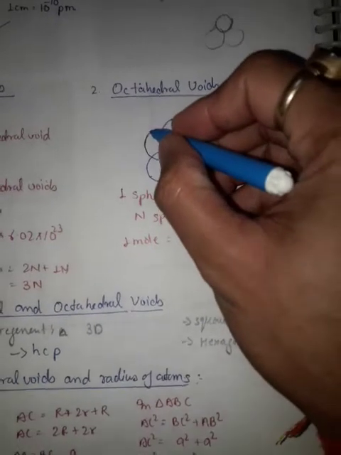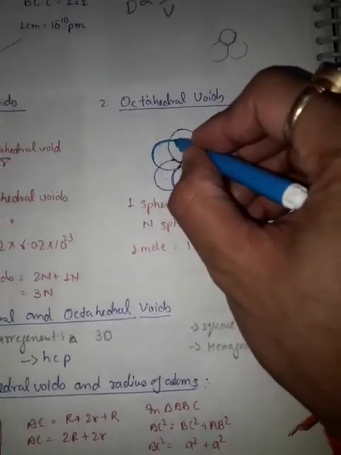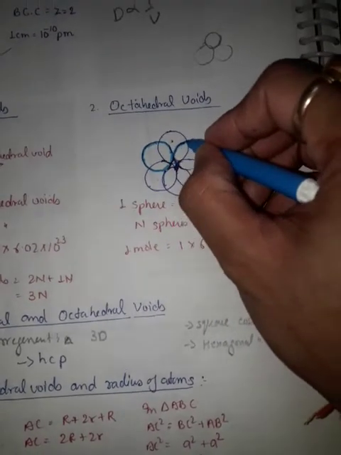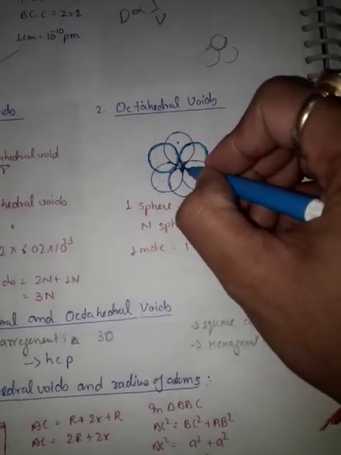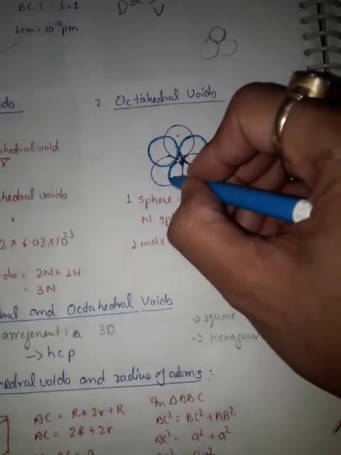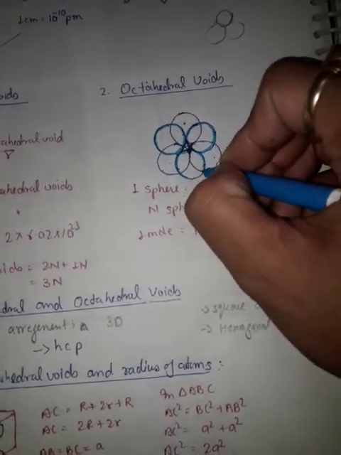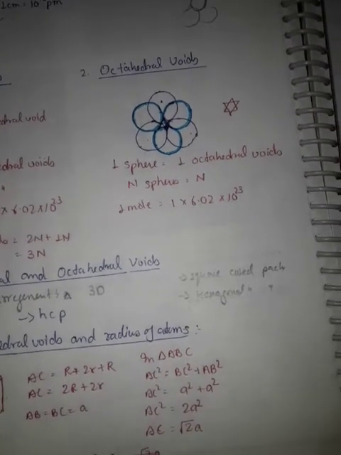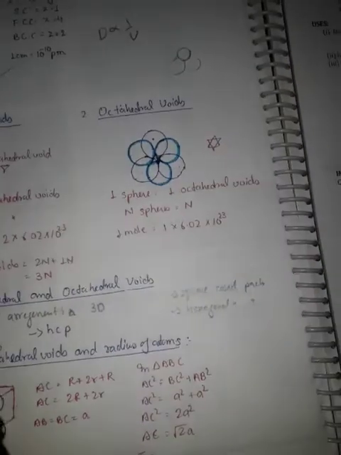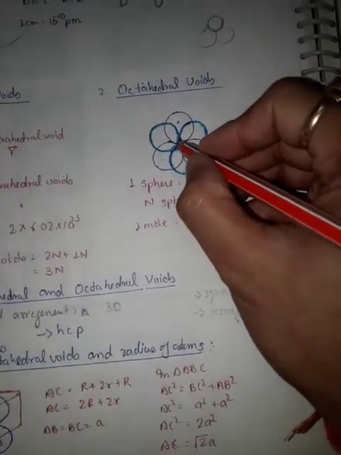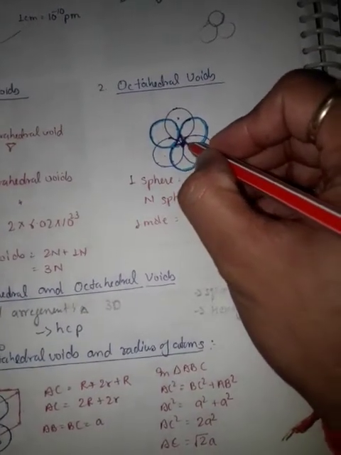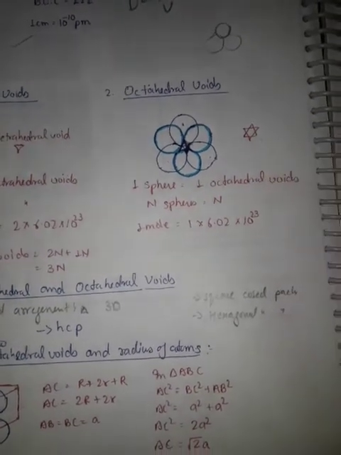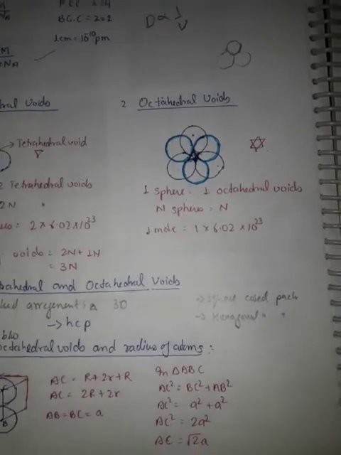See this one: 3 are downwards and 3 are kept one over the other. So we get the void as you see here. This is the space you get, like a star. So this is called octahedral voids.